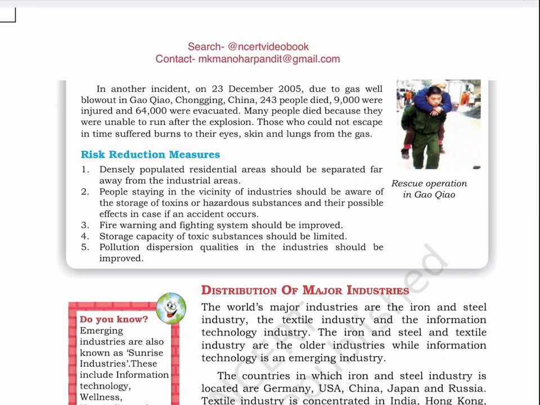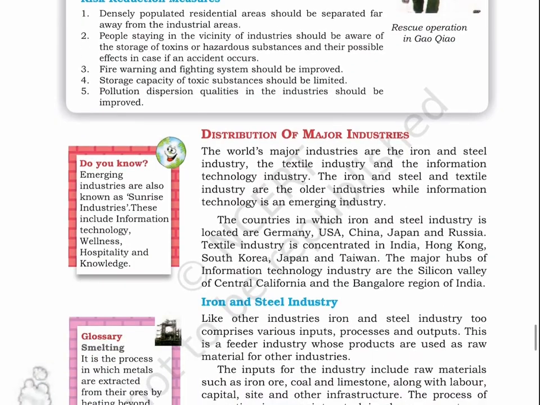Distribution of major industries. The world's major industries are the iron and steel industry, the textile industry, and the information technology industry. The iron and steel and textile industry are the older industries, while information technology is an emerging industry.